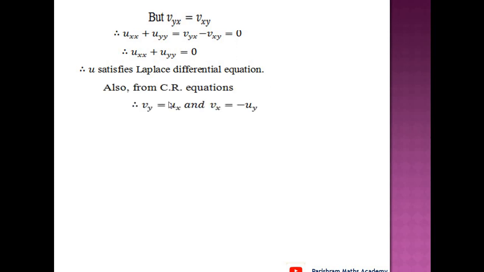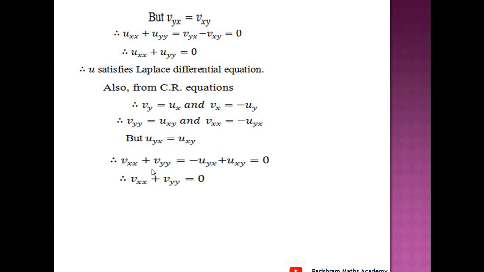Also, from the CR equations vy = ux and vx = -uy. By differentiating, vyy = uxy and vxx = -uyx, but uxy and uyx both are the same, and therefore vxx + vyy = -uyx + uxy.